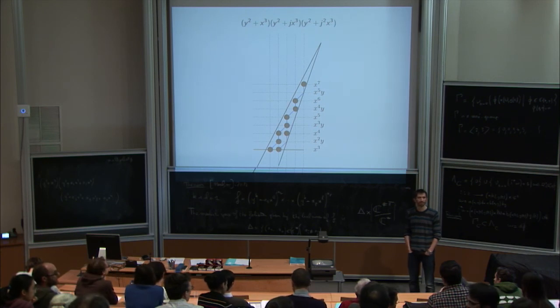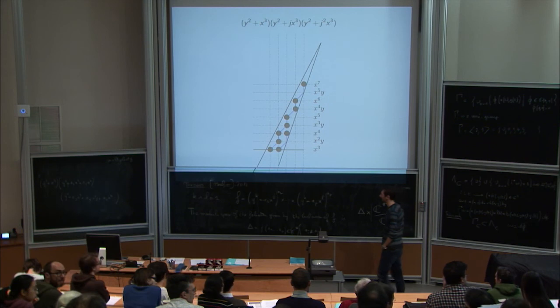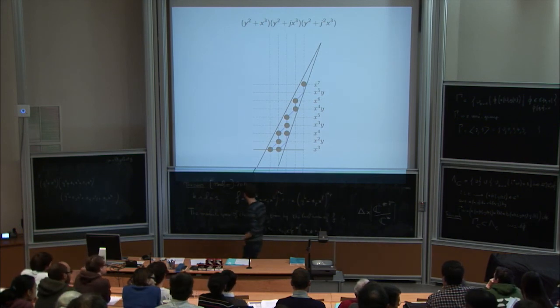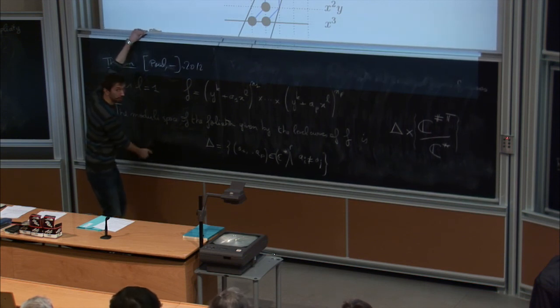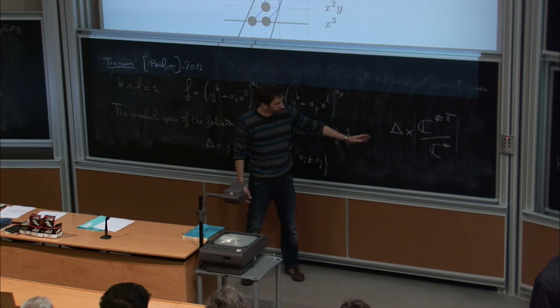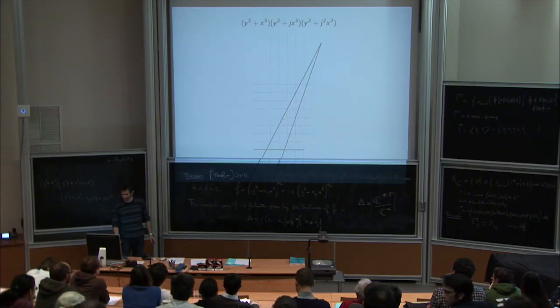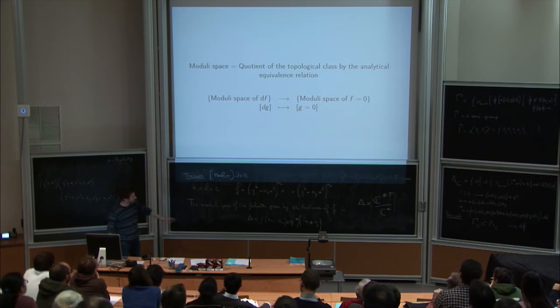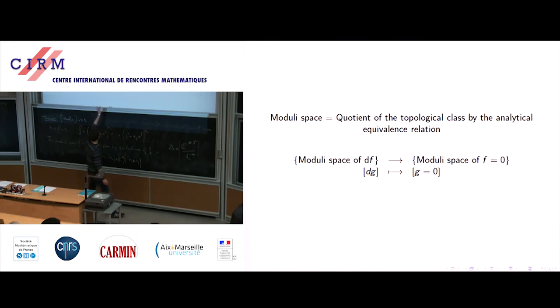I see. Yes? You have a normal form from the equivalence classes of foliation to equivalence classes. Yeah. I have absolutely no time to explain this. Thank you for your question. The idea was this space, which is, as you can see, quite simple, is the moduli space of the foliation.